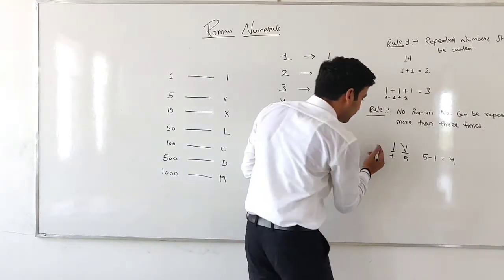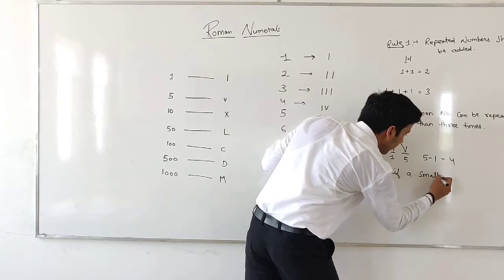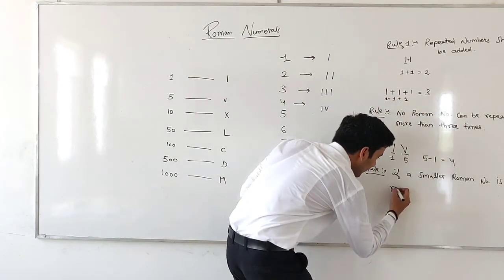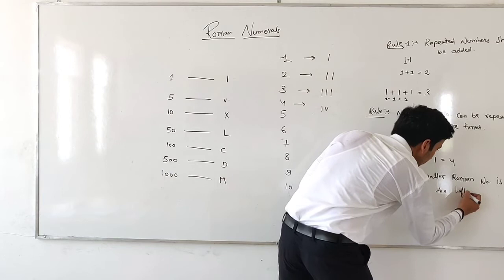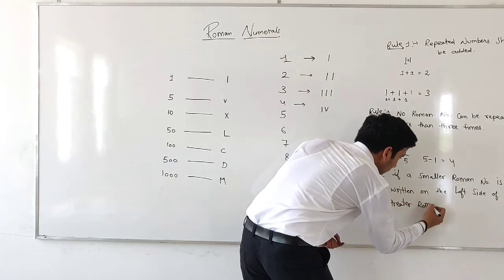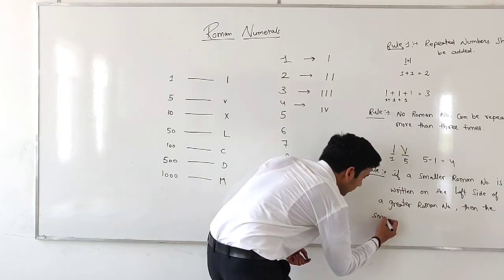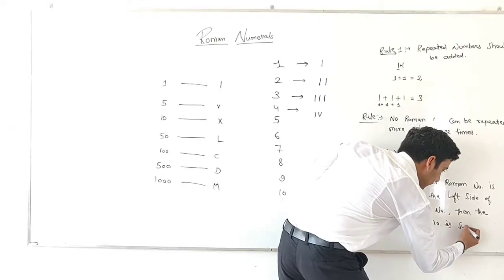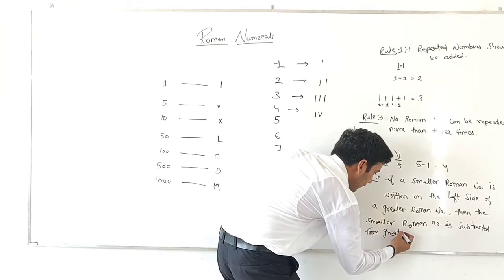Okay students? So the rule is, if a smaller Roman number is written on the left side of a greater Roman number, then the smaller Roman number is subtracted from the greater Roman number.